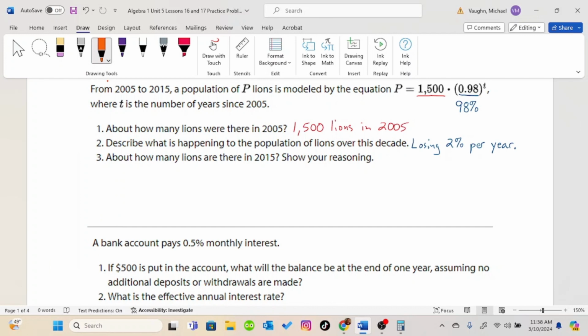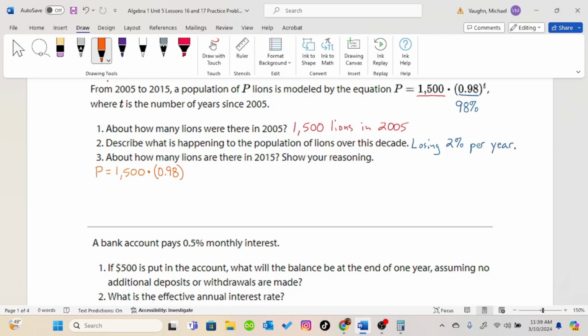And number 3, about how many lions are there in 2015? Show your reasoning. So we're going to use the function P equals 1,500 times the growth factor of 0.98.